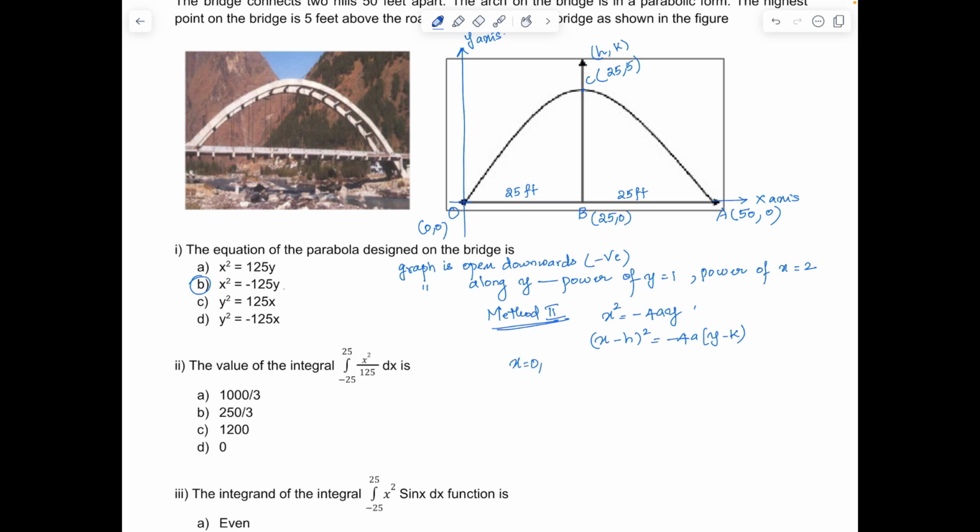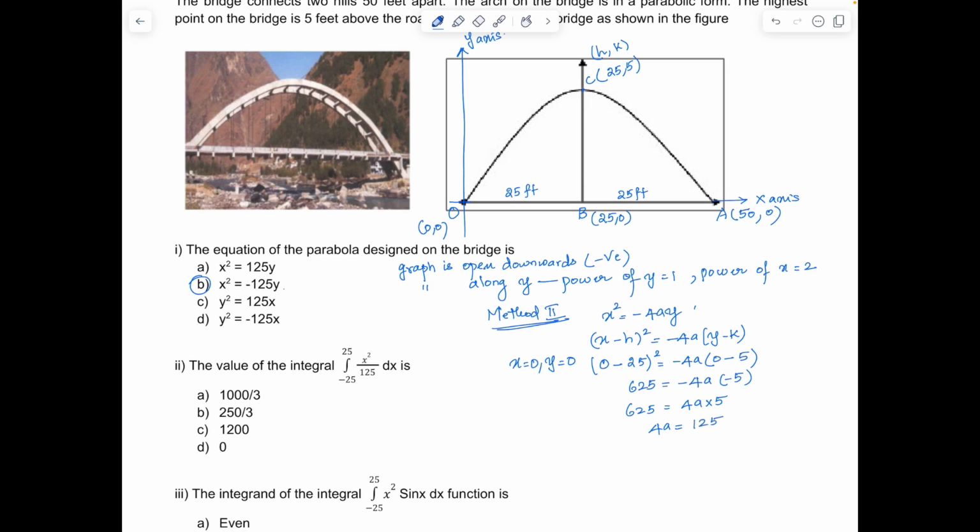So substituting y equal to 0 and x equal to 0, we get (0 minus 25) the whole square is equal to minus 4a times (0 minus 5), which is 625 equal to minus 4a times minus 5. 625 is equal to 4a times 5. So from here we get 4a as 125.